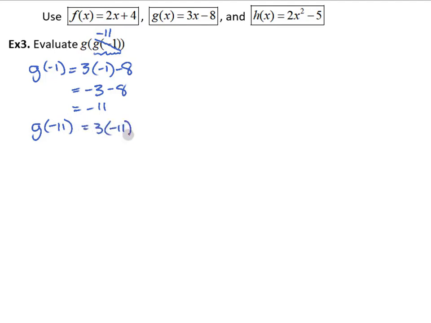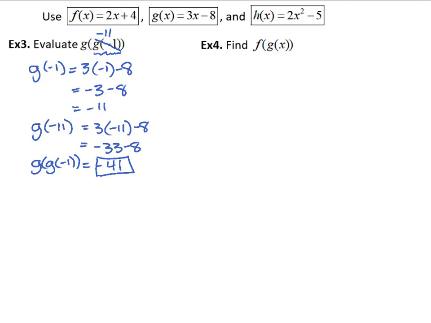So we're going to do 3 times negative 11 minus 8. Again, for both of them, we're taking that from up here. 3 times negative 11 is negative 33. Minus 8 more is negative 41. So our answer for g of g of negative 1 is negative 41.